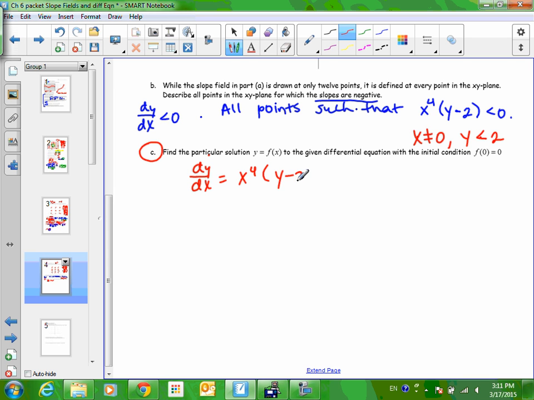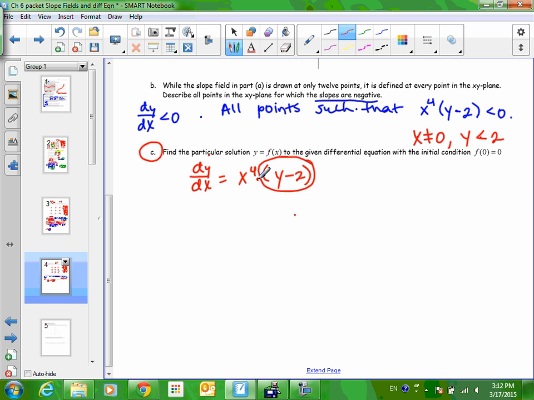This is really saying, hey, integrate, get the y equals. Okay, but I'm not ready to integrate yet. You guys remember what we have to do here? I have to move the dx over to the other side, but I also have to move this.